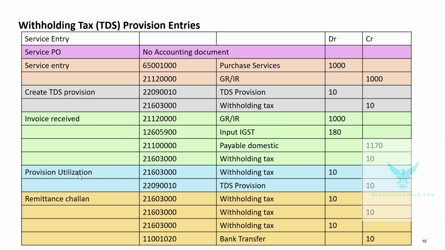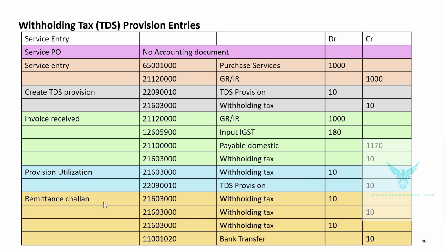Now we need to utilize that provision to clear the already created provision. Previously TDS provision account was debit and withholding tax account was credit. Now utilization of provision proportionately: withholding tax account is debit and TDS provision account is credit. So this is the utilization entry.